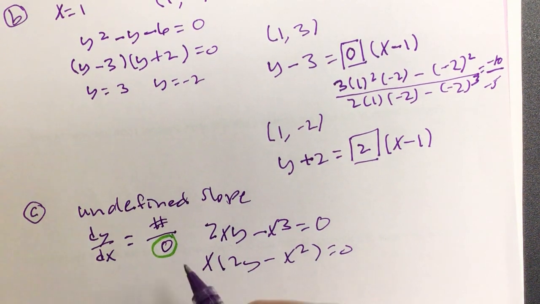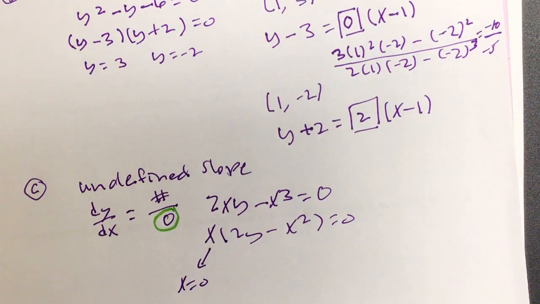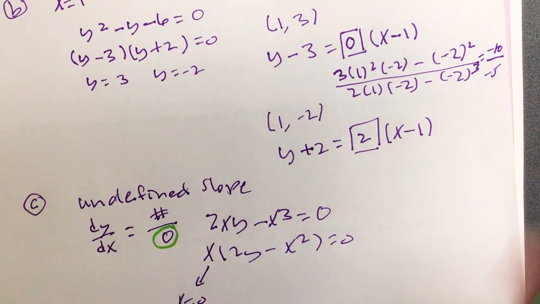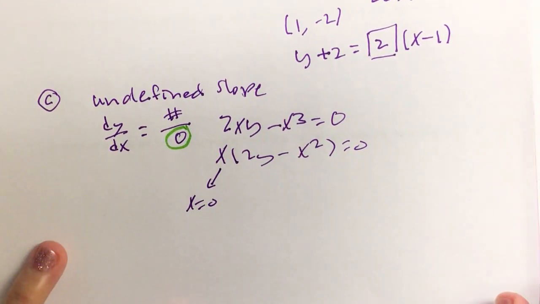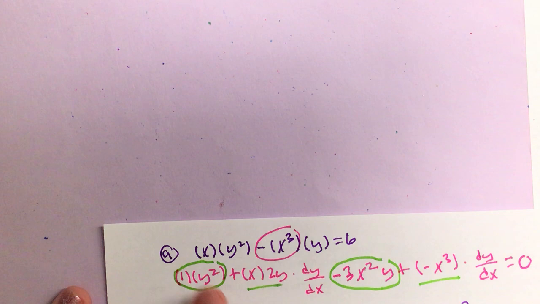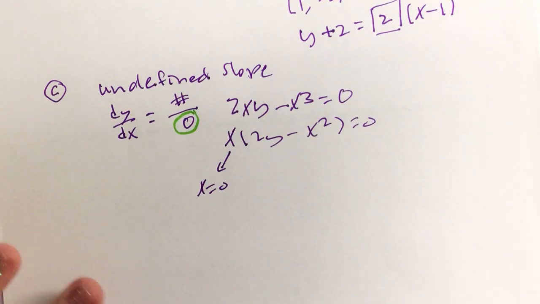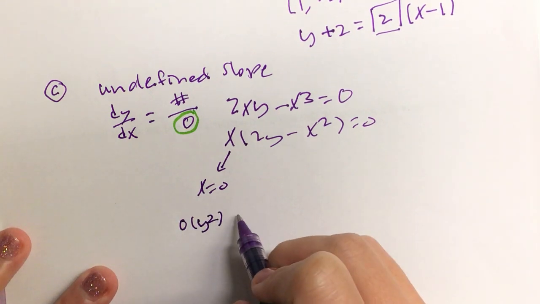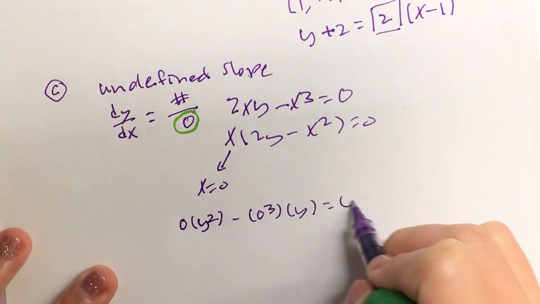So my first scenario is x could equal 0. So let's plug in that x equals 0 into the original equation, the curve, not the slope function. So the original equation was this equation. We're plugging in the 0. So we have 0 times, I know we don't know the y, and that's fine, minus 0 cubed times y is equal to 6.